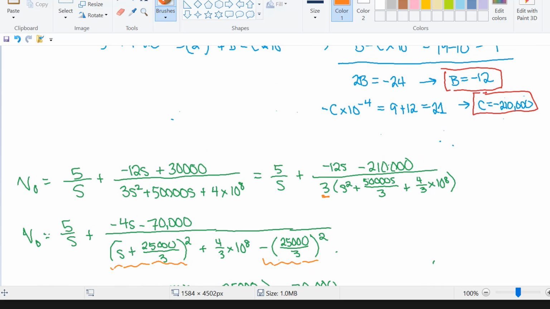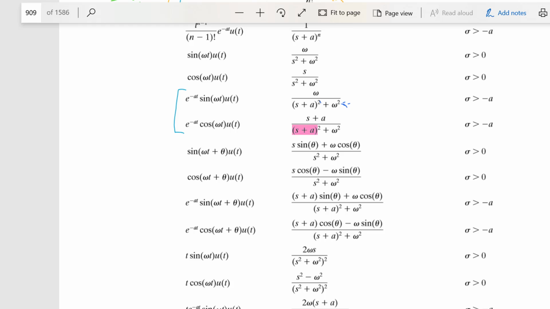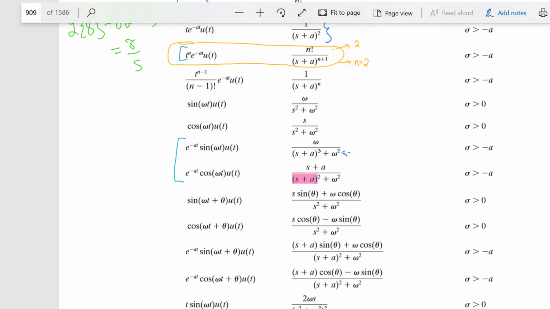Okay, so remember when you go to the table and you have like s plus a squared in the denominator, then if you have an s in the numerator, it has to be s plus a. So you can't just have s over s plus a squared.